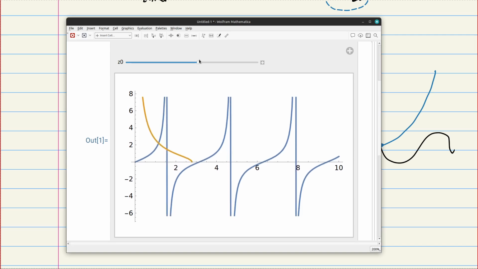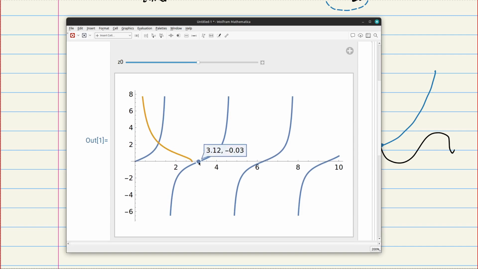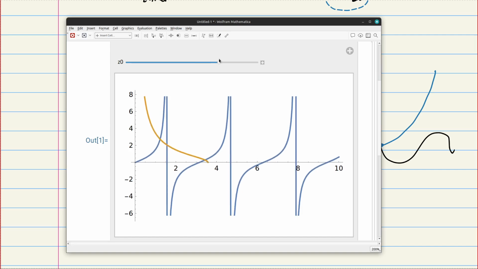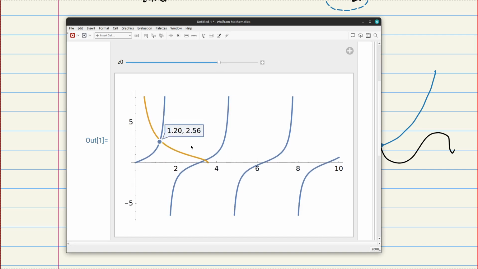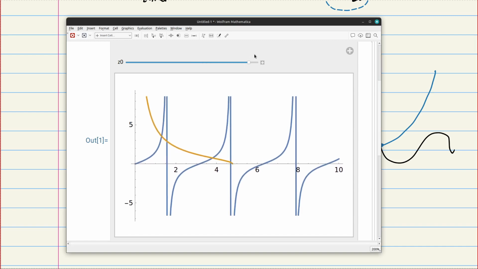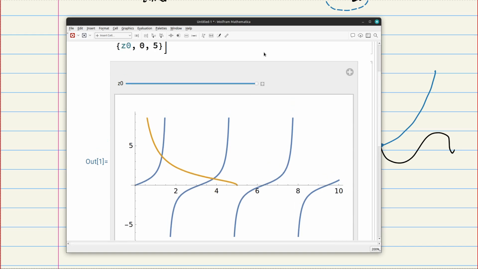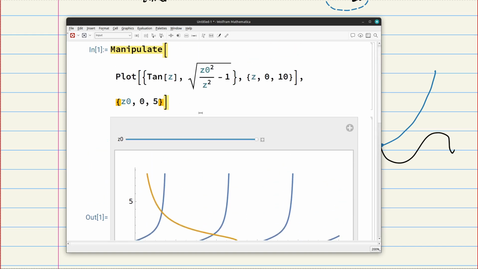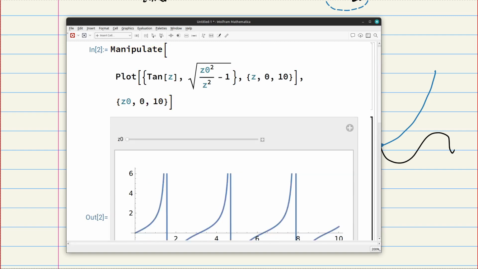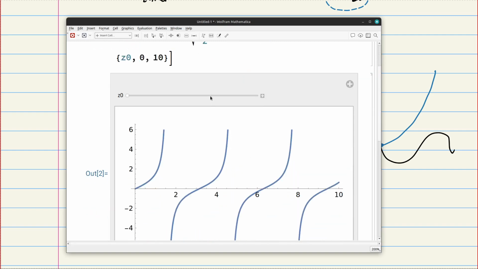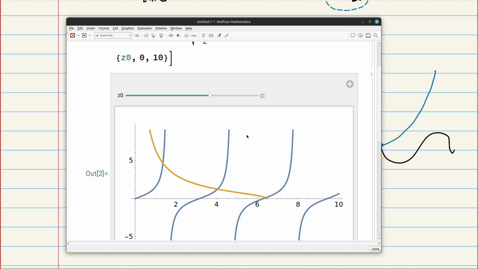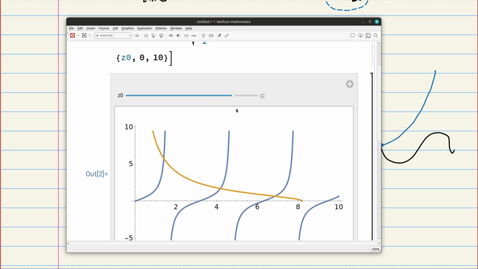Increase, and whenever I cross this threshold, I'll have one more solution. Now I have two solutions, one this, another one this, and I can keep increasing. Let me do this, 10. Now I have the third solution.